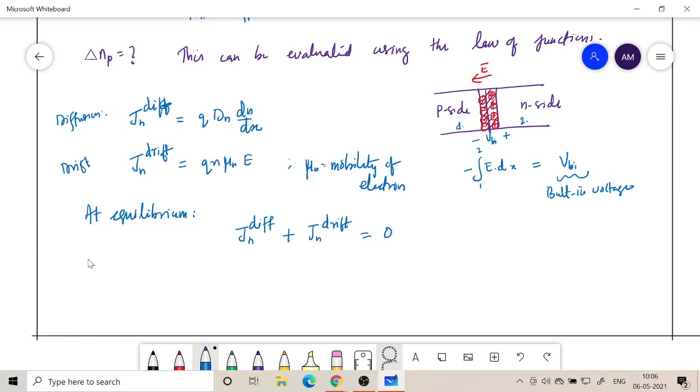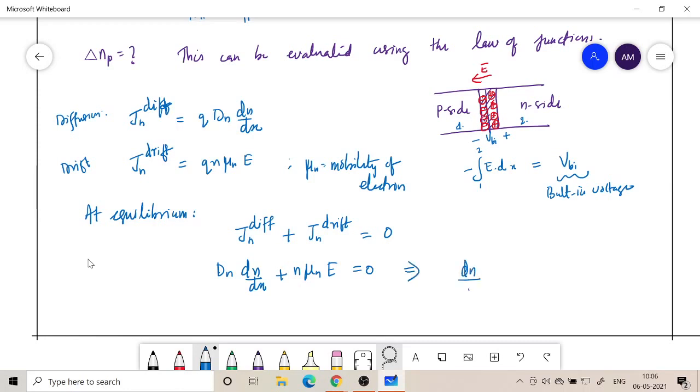Now we substitute. Q is common in both components, and since it is equated to 0, we can throw away Q. We can write it as Dn dN by dx plus n mu n E equal to 0. Okay, we can take one component to the other side, so we can rearrange them.